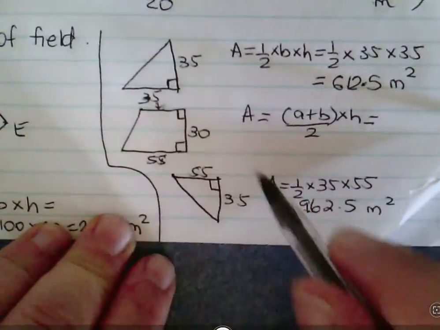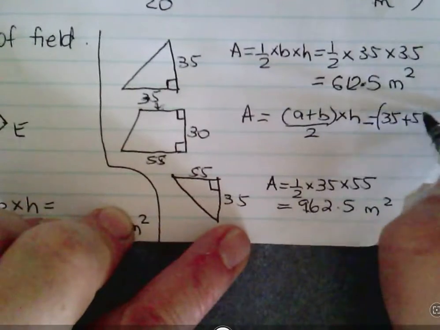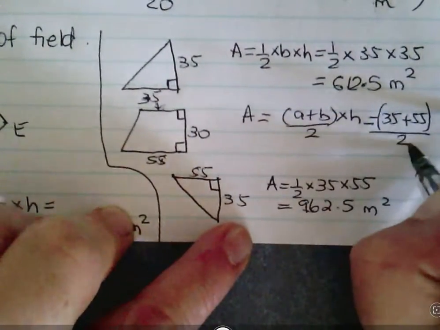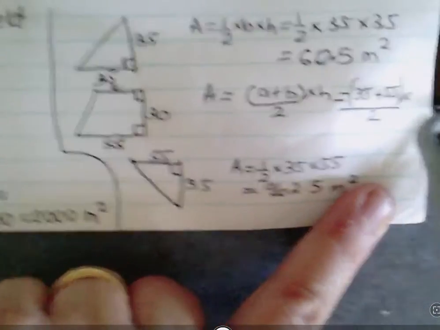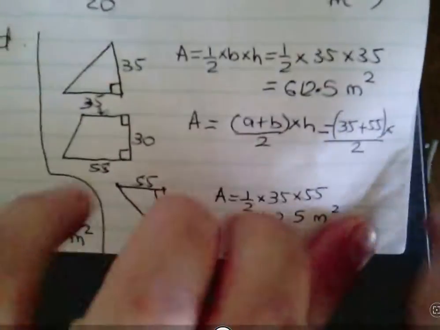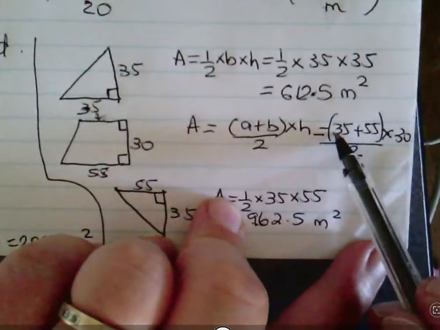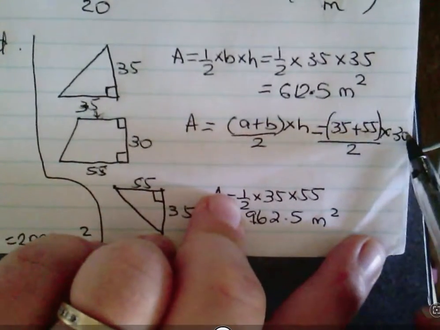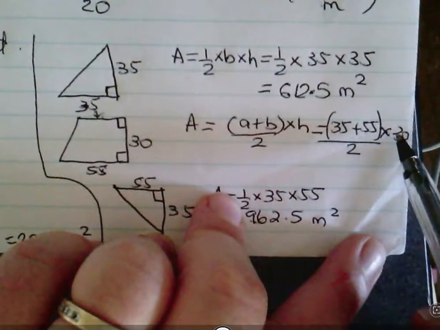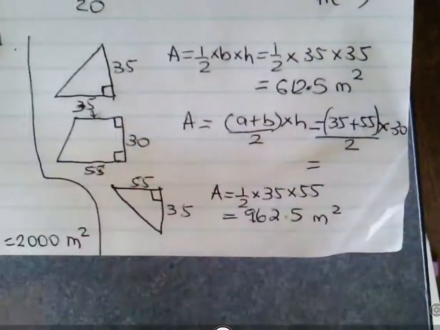Two parallel sides are your A and B. So the parallel sides are 35 plus 55 divided by 2 times the height of the trapezium, which is 30. Well, no, what you do is your 35 and 55, that's 90 times 30 if you want, which is 2,700 divided by 2. I think it's 1,350. Anyone got an answer?